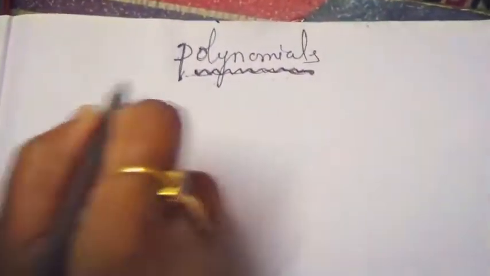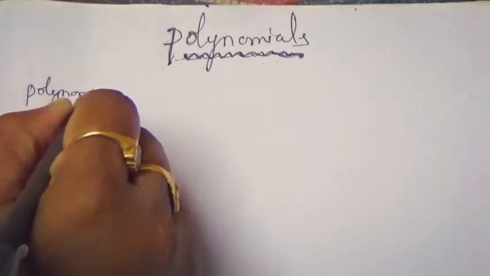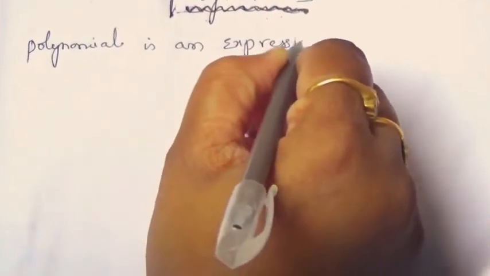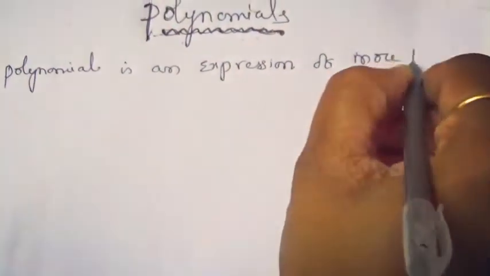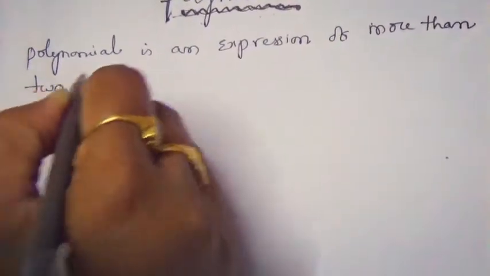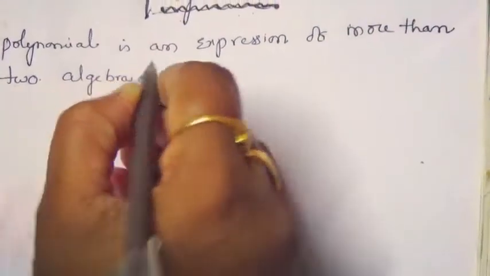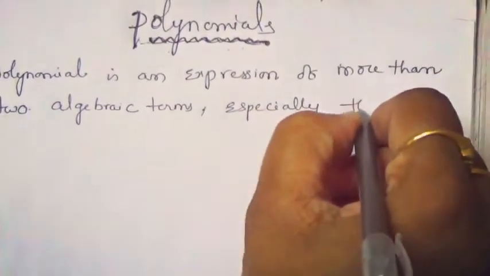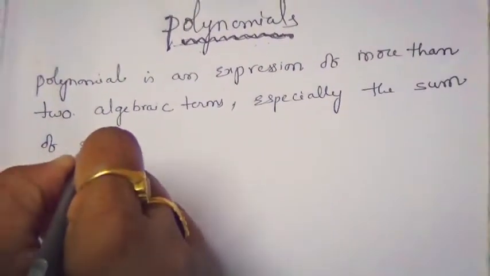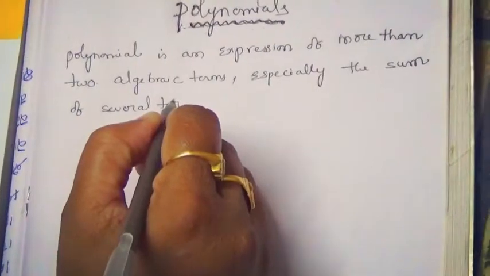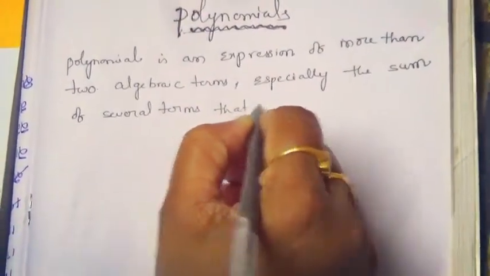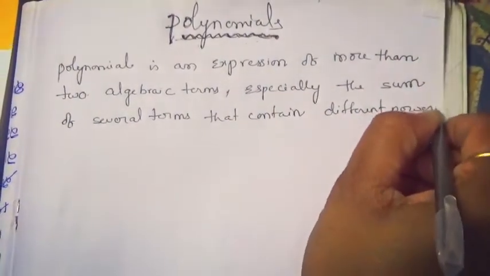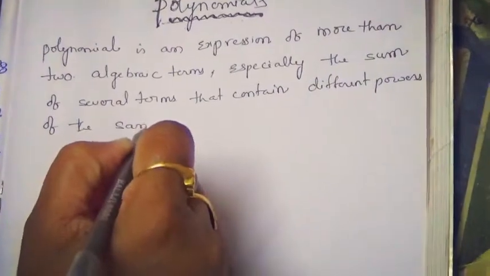A polynomial is an expression of more than two algebraic terms, especially the sum of several terms that contain different powers of the same variables.